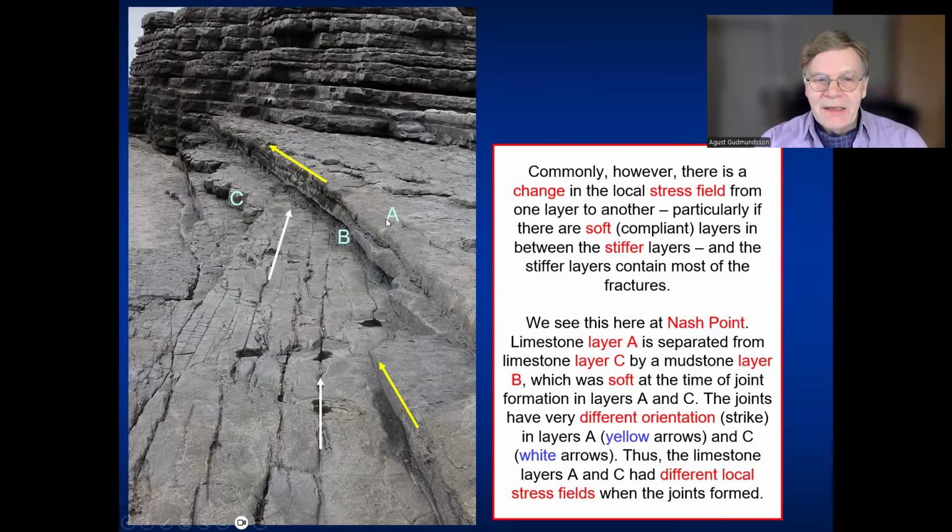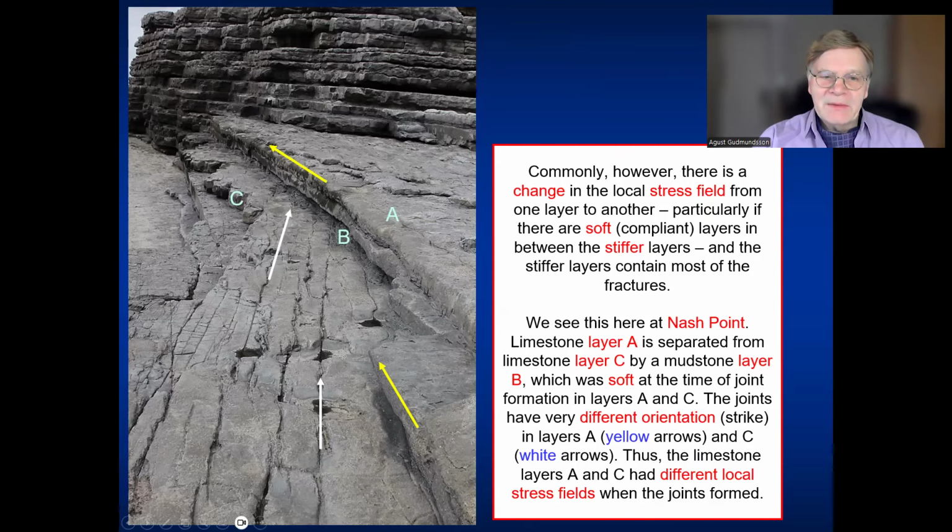Limestone layer A, limestone layer C, and in between is B, which is a mudstone. Now, if you look at the orientation, you see that the orientation of the joint here in layer A, and the same here, is in this direction, whereas the joint orientation in layer C is completely different. With these orientations meeting here, you see there's a big angle in between them.